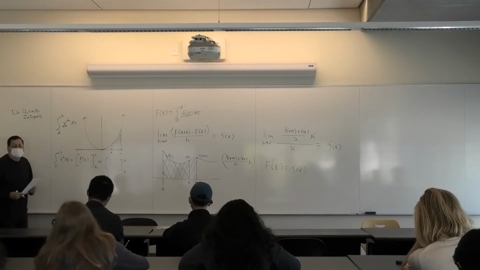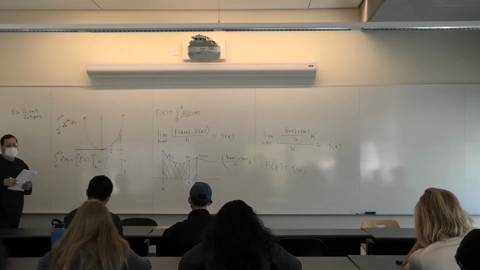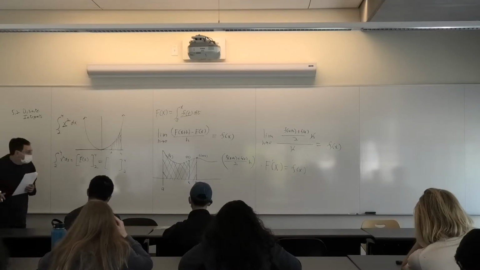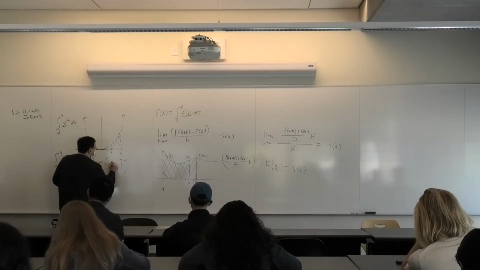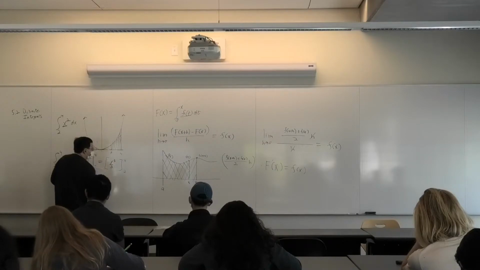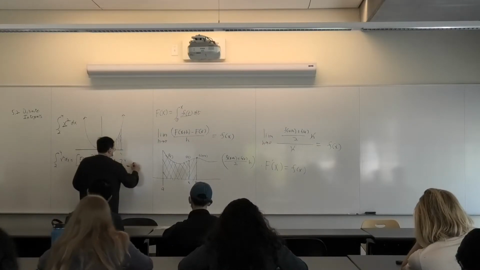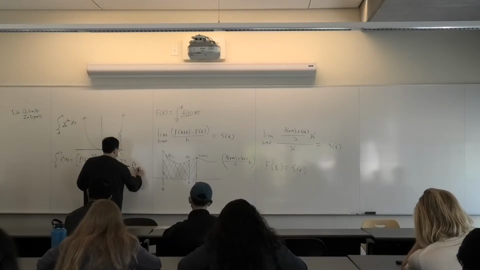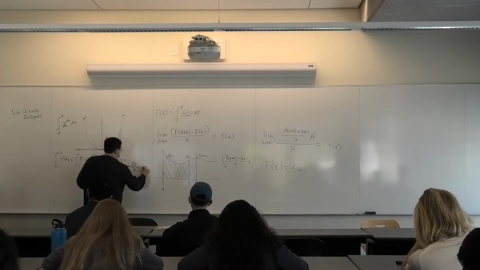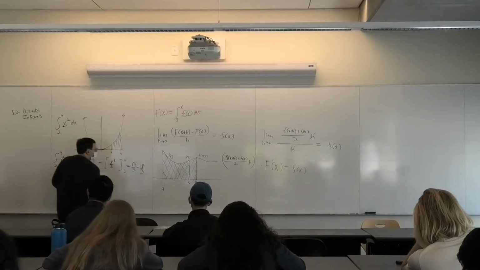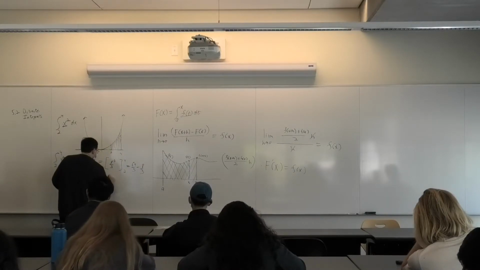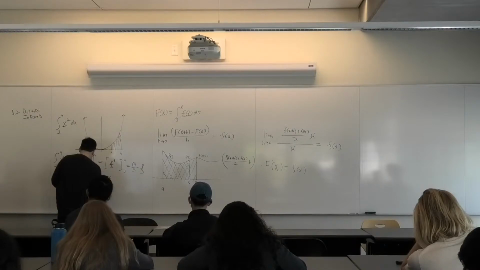It's x to the third over 3. So that means this is 64 over 3 minus 8 over 3, which is just 56 over 3.